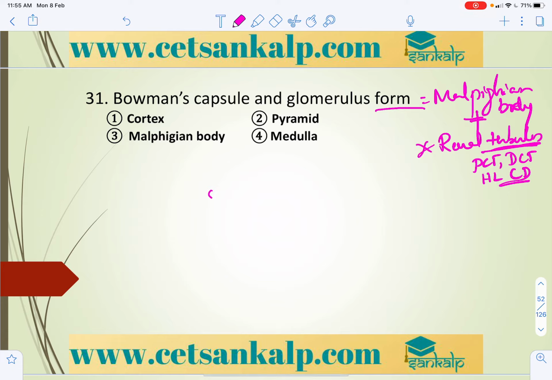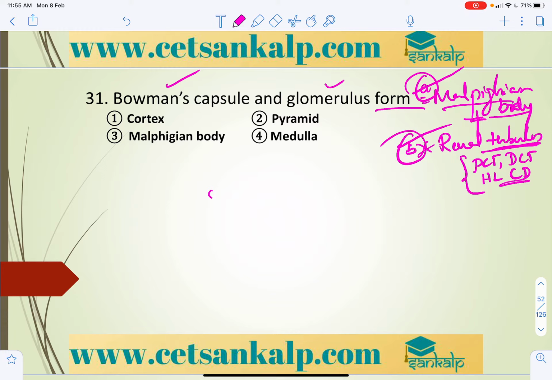The Malpighian body, also called the Malpighian corpuscle, includes these two parts, and the renal tubule includes the tubular structure of the nephron. So the Malpighian body is the answer.